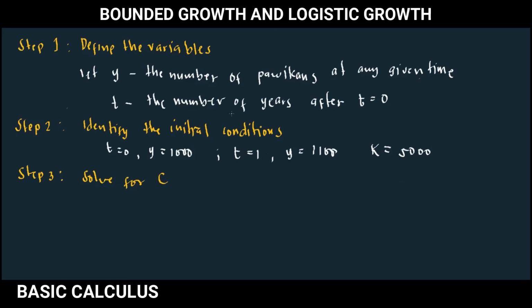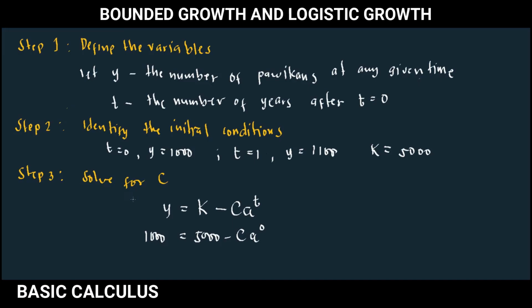We know that our general solution for the bounded growth is y is equal to k, where k is our carrying capacity, minus c times a raised to t, which is the time. Now plug in the first initial condition. We have the value of y equal to 1,000, which is equal to k, which is 5,000, minus c times a raised to 0, since our t in the first initial condition is equal to 0.